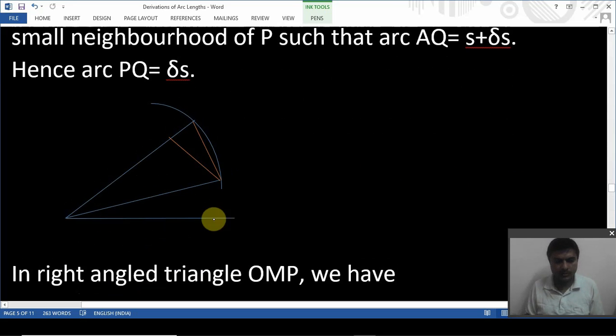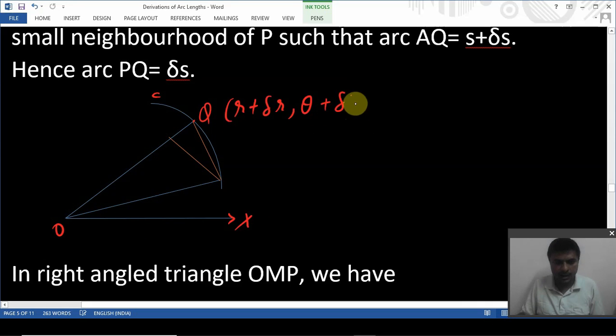You can see I am going to take this as the x-axis, starting with origin O. This is the curve C, and this is the point where Q is. Q is nothing but some change in the polar coordinates r and theta. Here is the main point P (r, theta).